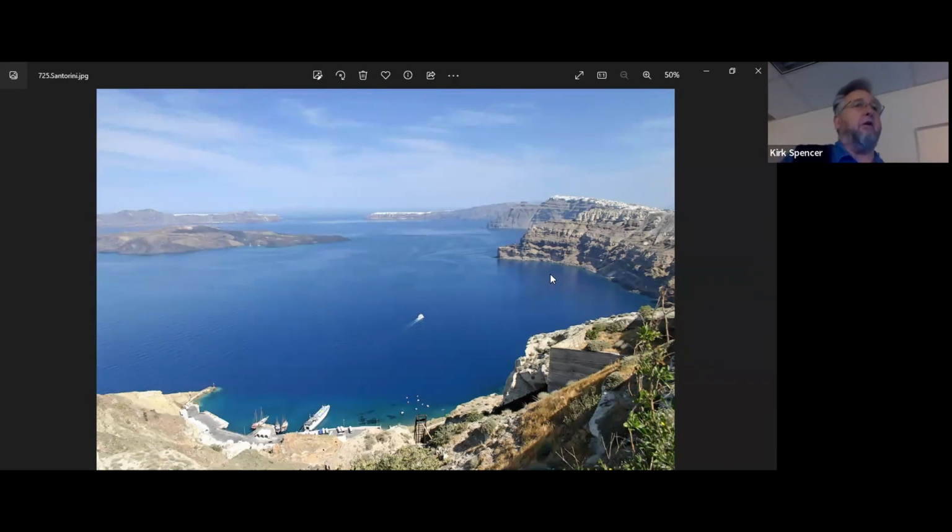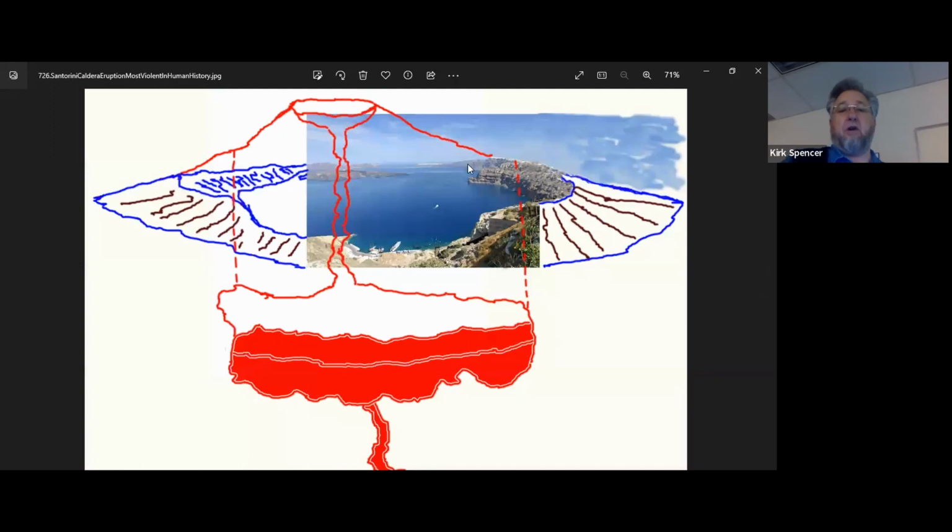There's also a caldera eruption in the Mediterranean, the island of Santorini. This is a current day view of the giant hole left in the Mediterranean where this volcano just collapsed into the sea. I've taken that image and tried to draw the volcano on it so you can get an idea of perspective.